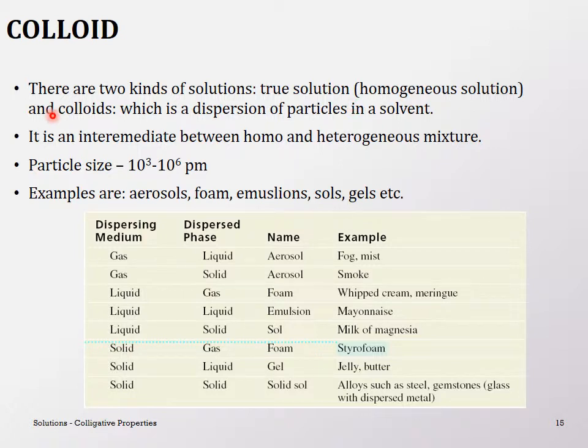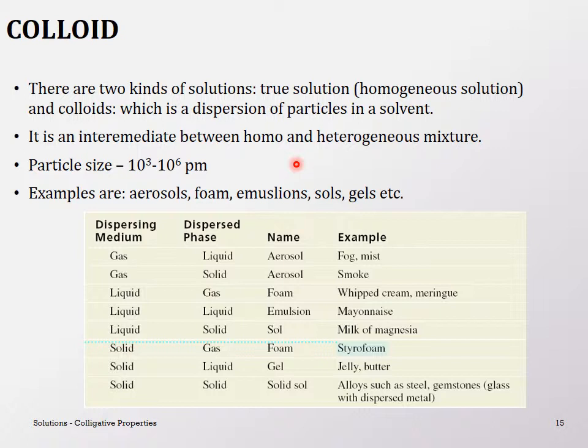A heterogeneous solution would be like a colloid. But colloids are not exactly heterogeneous solutions. There is a difference, because colloids are very specific in their particles. The particle size and the dispersion are very specific, and the dispersion is usually very homogeneous in the sense that the particle size is almost the same.